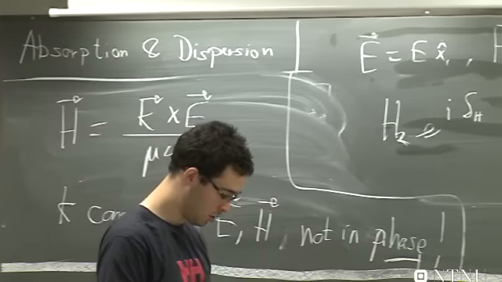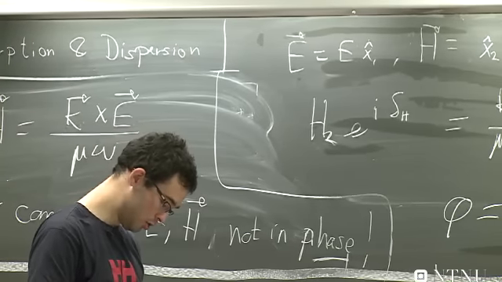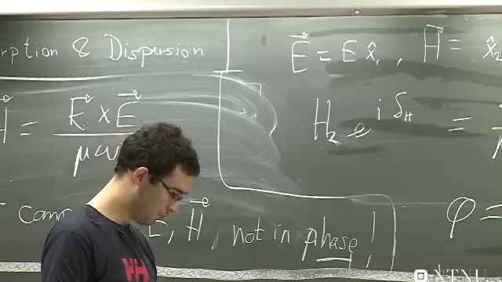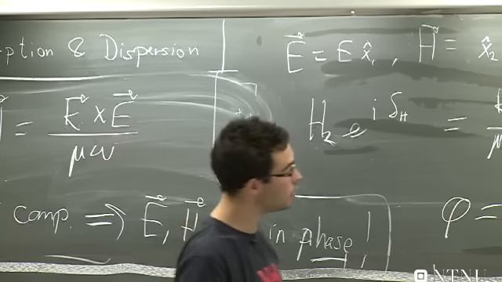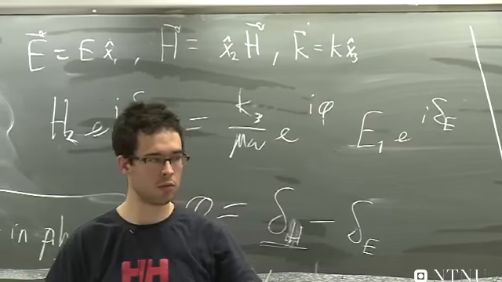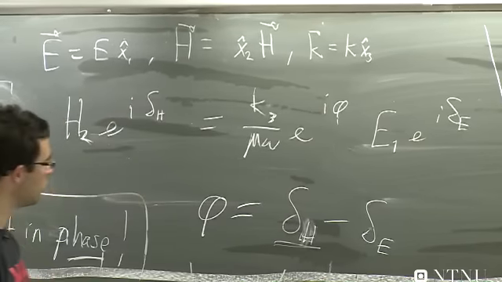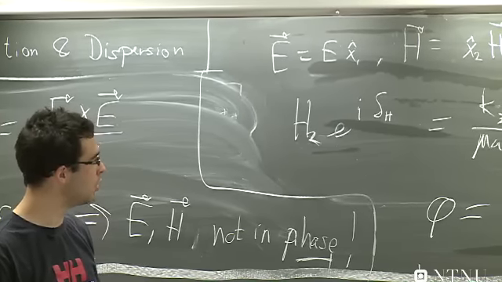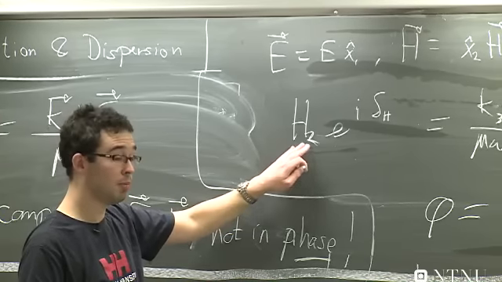Okay. Let's see. Yeah. So any questions on attenuation? Why does it have to be delta H minus delta E? Because this is the real part, or the amplitude. Yes.